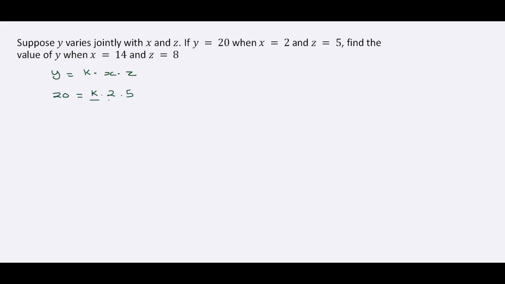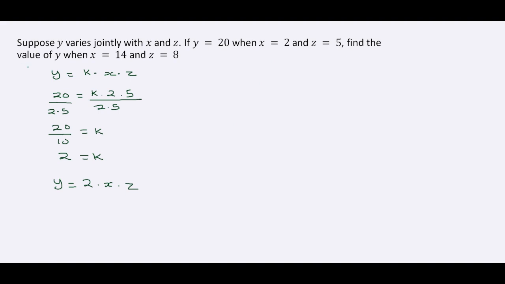So now we're going to divide both sides by 2 multiplied by 5, so we have 20 over 10 is equal to k. So we can say 2 is equal to k. So now we rewrite the equation in this form. y is equal to 2 multiplied by x multiplied by z.